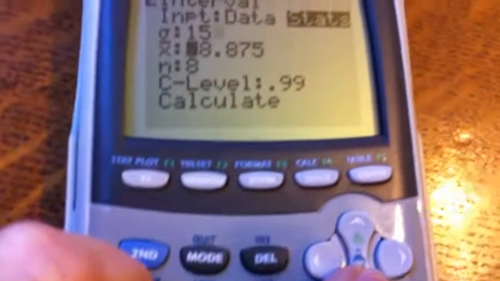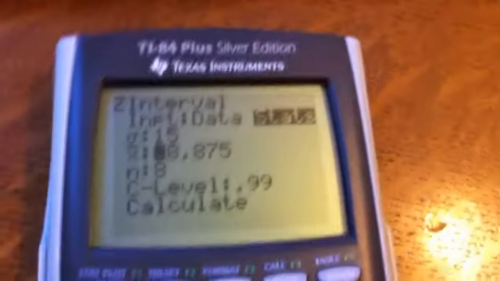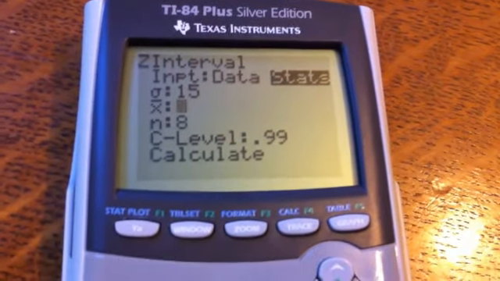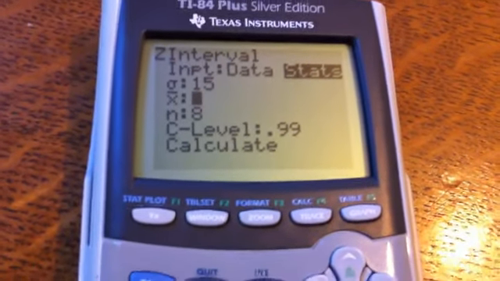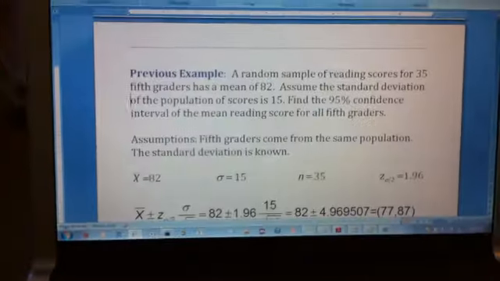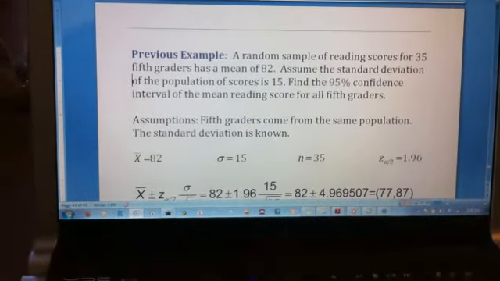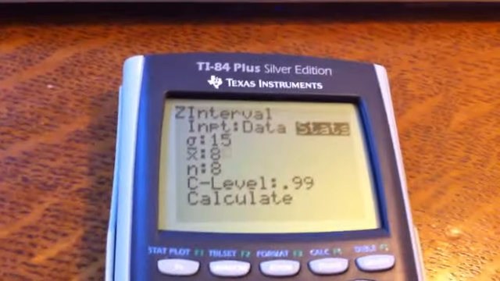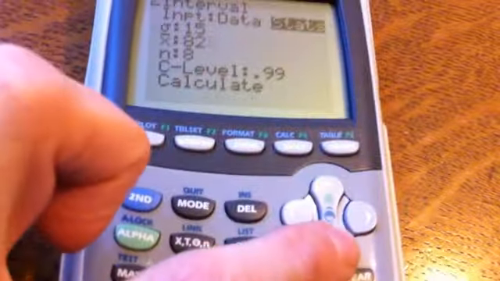And then I can use my arrow to go down. If I hit clear, it will clear out what X bar was. So for the reading scores, X bar was 82. So I'm going to enter 82, and then I am going to page down.